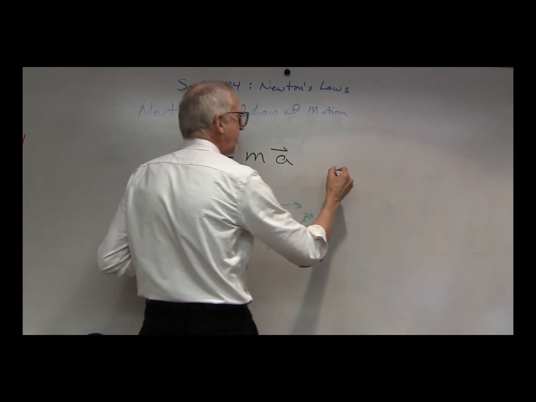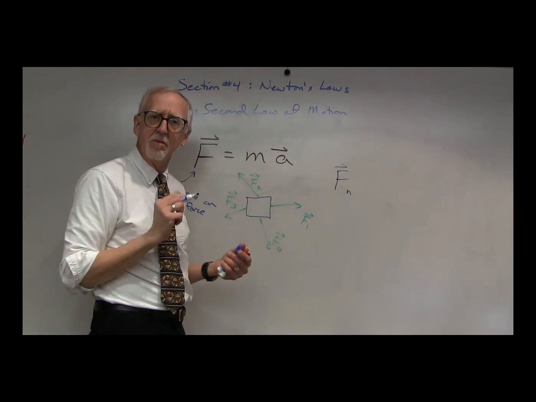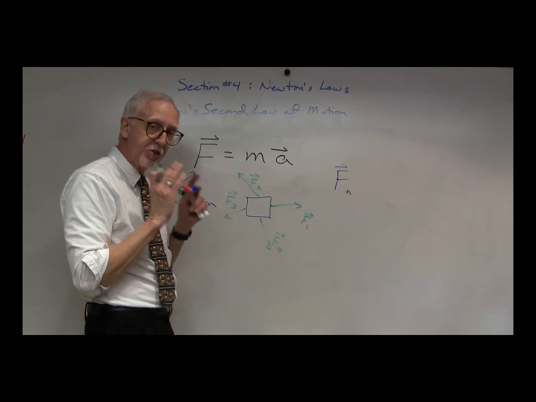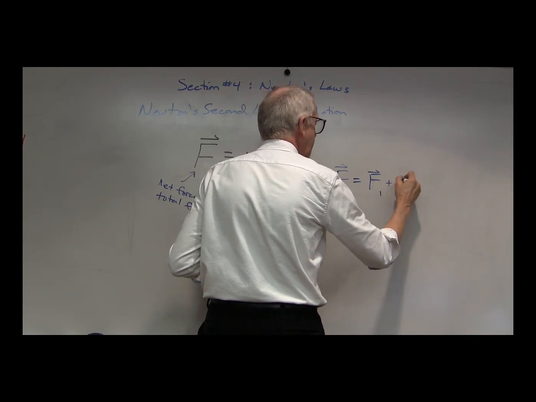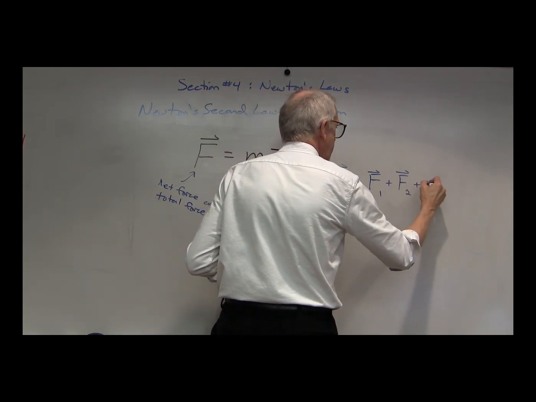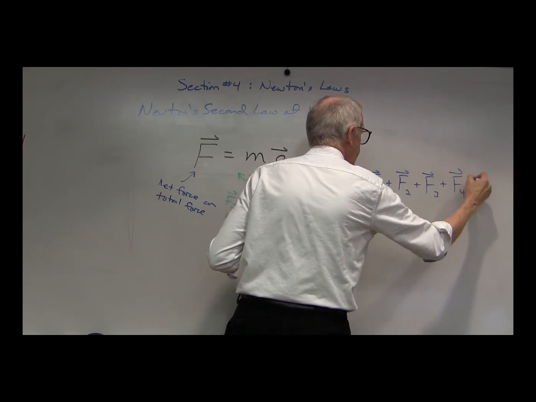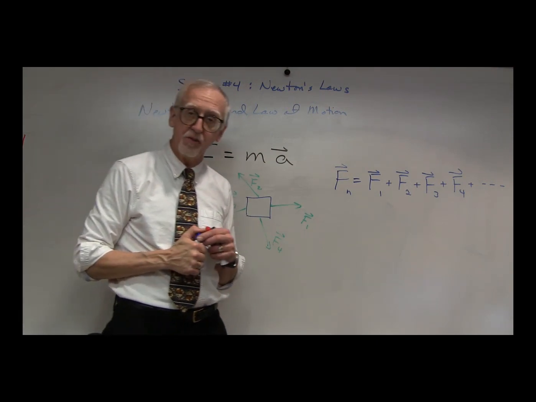So F, we might call this F sub n to remind ourselves this is the net force. Not just any old force, it's the total force. The net force is then the sum of F1 plus F2 plus F3 plus F4 plus whatever forces we have. It's the vector sum of all of the forces.